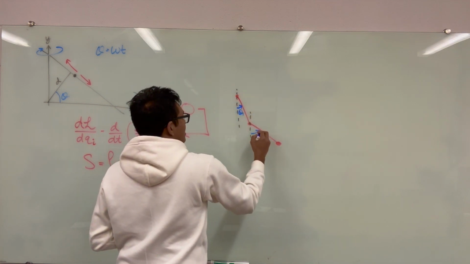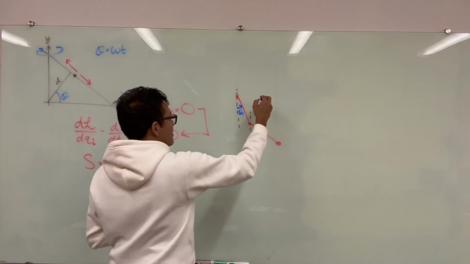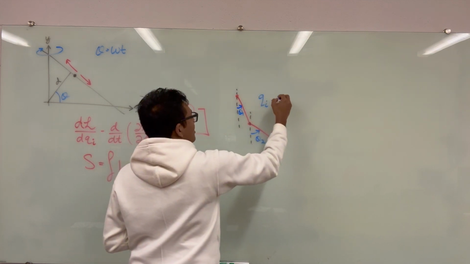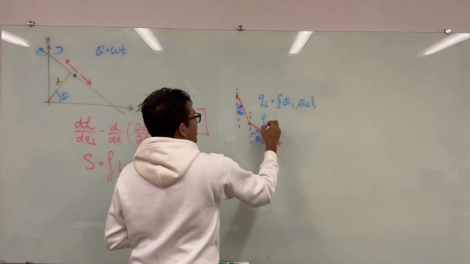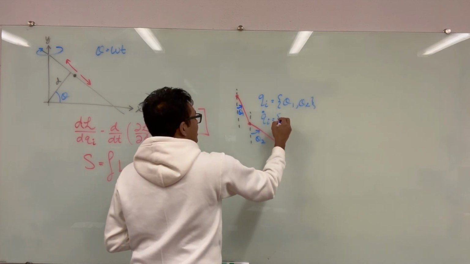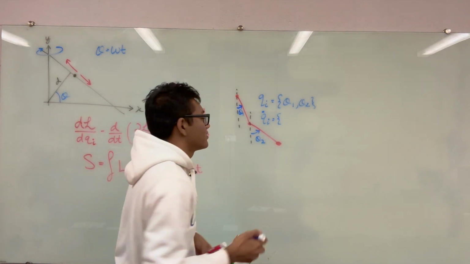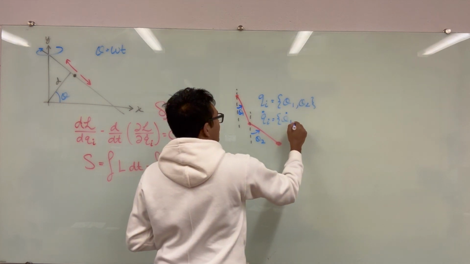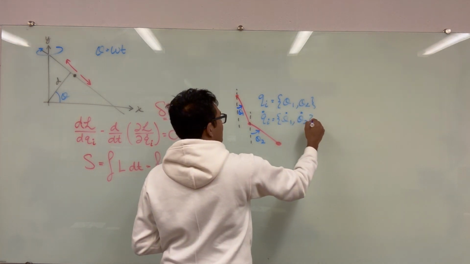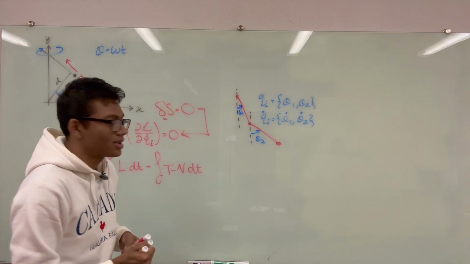So this is theta 1, this is theta 2. That means q sub i for a double pendulum would be theta 1, theta 2, and q̇ sub i, the analog of velocities, would be theta 1 dot, theta 2 dot. Something like this. That's for a double pendulum.